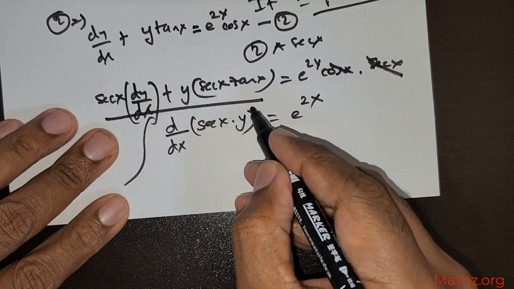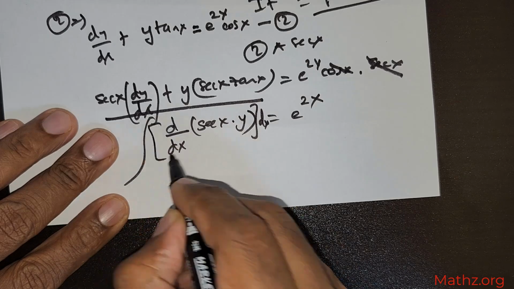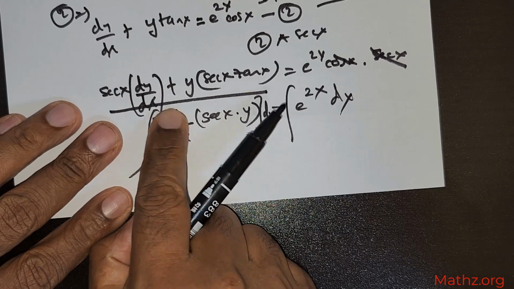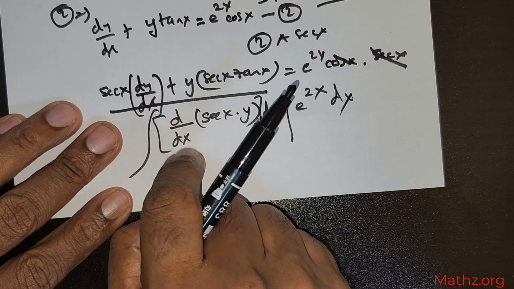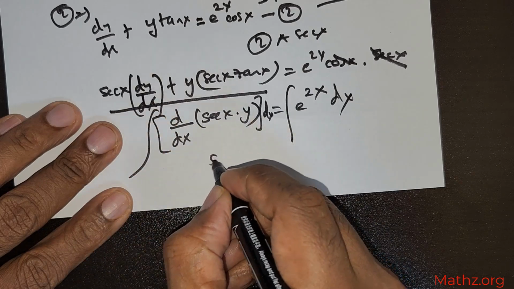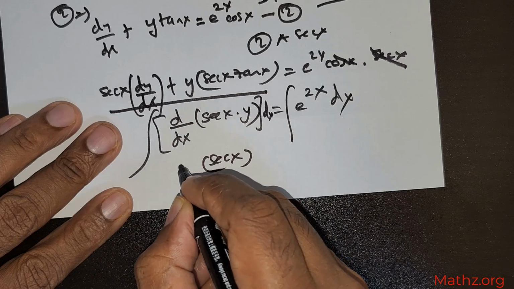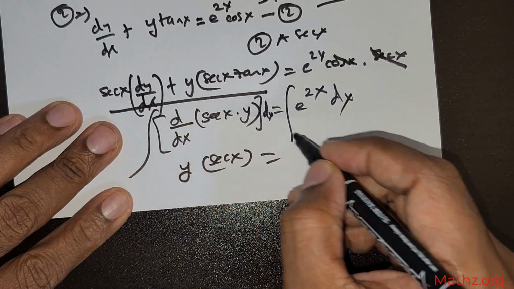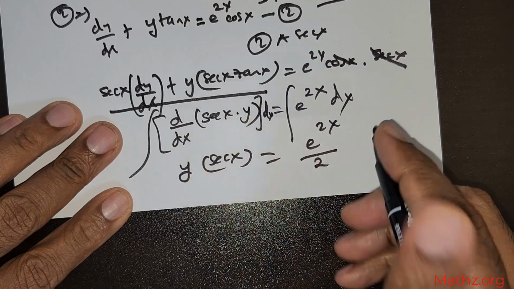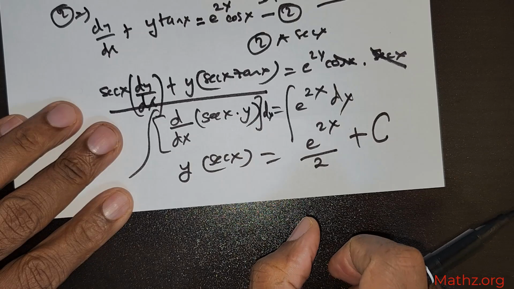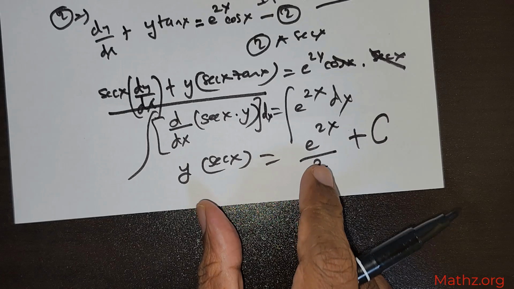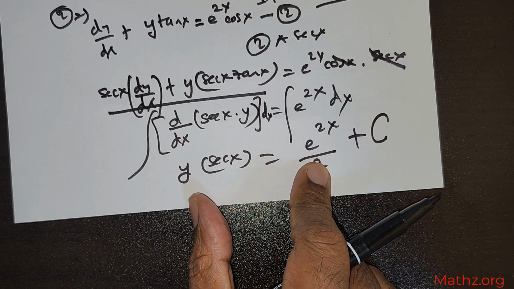Now integrating both sides with reference to x, the differential operator d over dx and the integral operator get neutralized, giving me secant x times y. If you integrate e raised to the power of 2x, the coefficient of x is 2, this is what you get, plus you need to add the arbitrary constant c. So this is the general solution, but we need to get the particular solution.